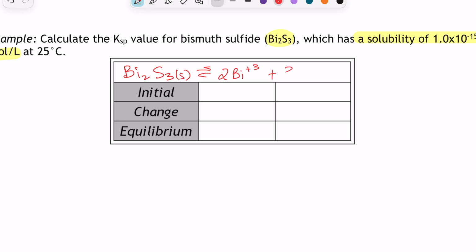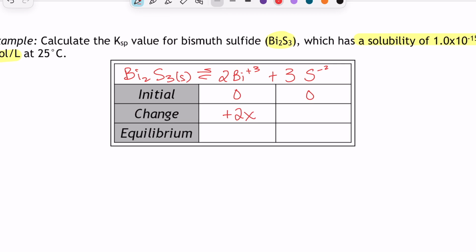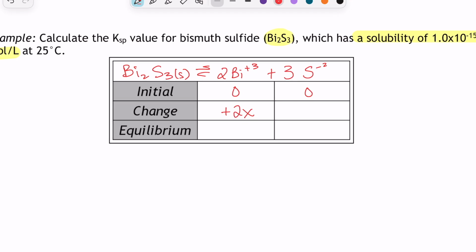And we have 3 S's. Okay, so initial conditions, 0 and 0. Now we're going to do plus 2x, because it's going to go up by x times the coefficient, and plus 3x. So at equilibrium, what we get is 2x and 3x.